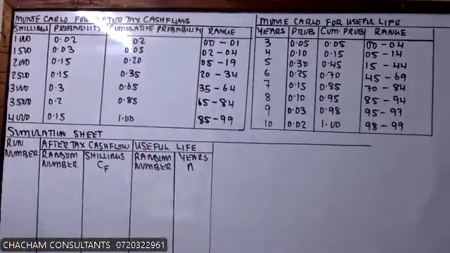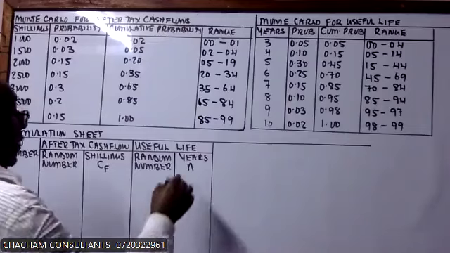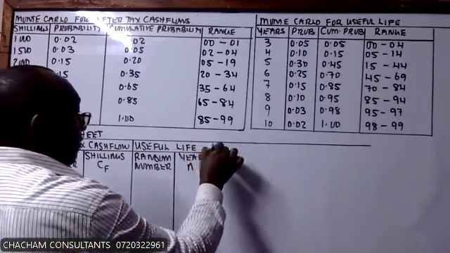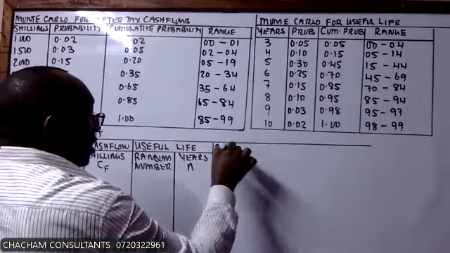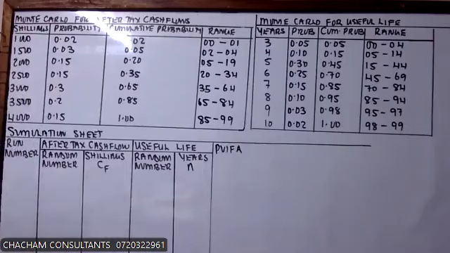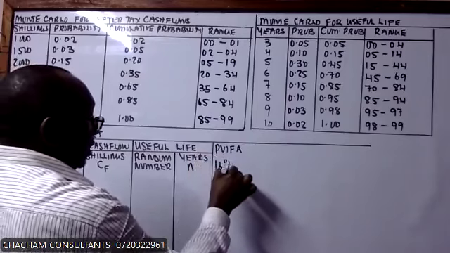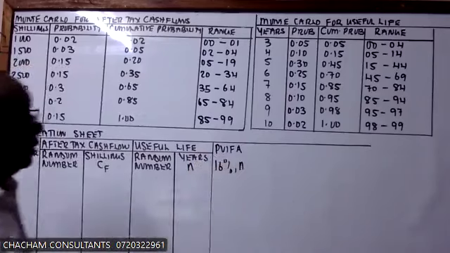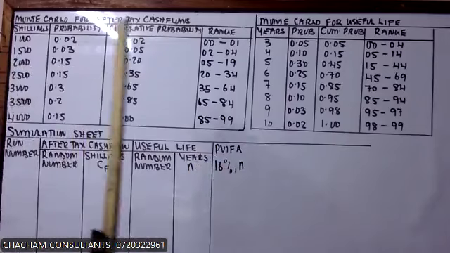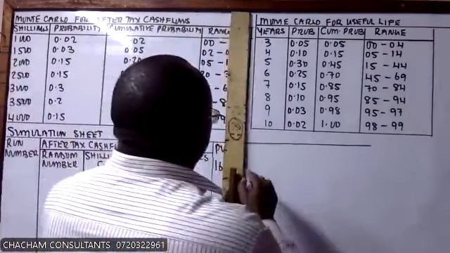We call them N. Now with that, we shall get the PVIFA. This PVIFA will be guided by the rate. We can be very specific because we know the rate is 16%. It will be at 16% and N.